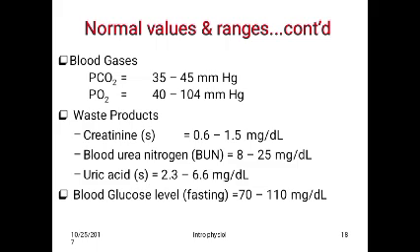Blood urea nitrogen, BUN, equals 8 up to 25 milligram per dL. Uric acid equals 2.3 up to 6.6 milligram per dL. Blood glucose level, fasting, 70 up to 110 milligram per dL.